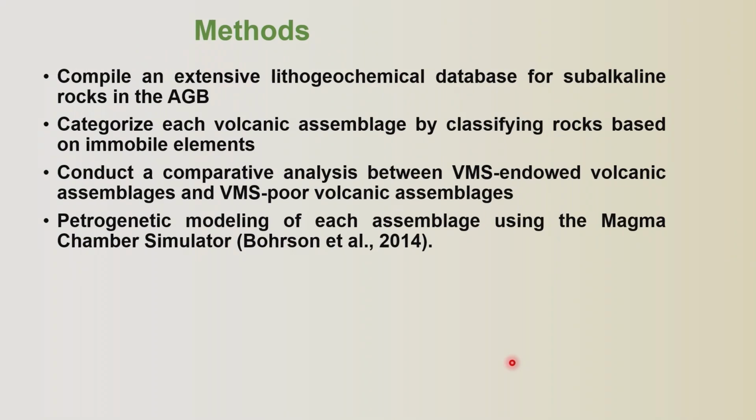In order to address those questions, we have extensively compiled a geochemical database of subalkaline volcanic rocks. We categorize these rocks based on immobile elements. Then we conduct a comparative analysis between the BMS-endowed and BMS-poor assemblages. And in order to understand the geochemistry of these rocks, we are doing petrogenetic modeling using the Magma Chamber Simulator.